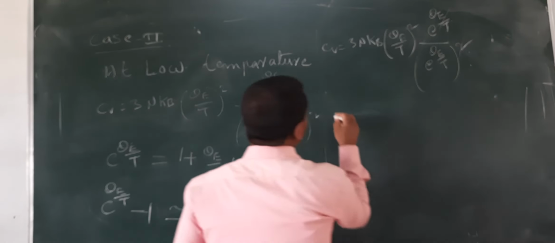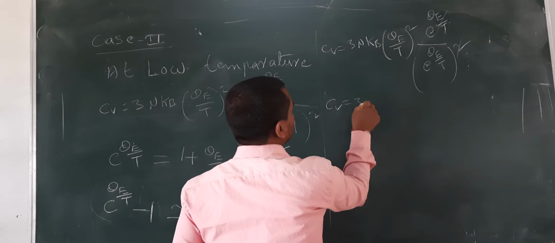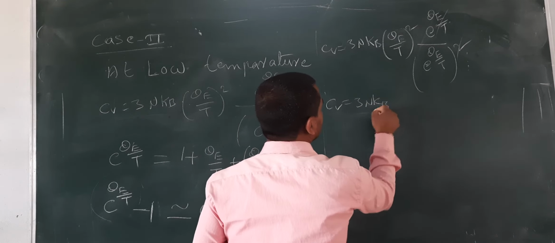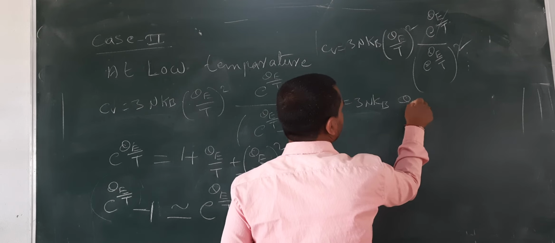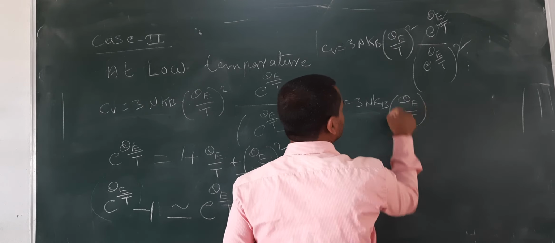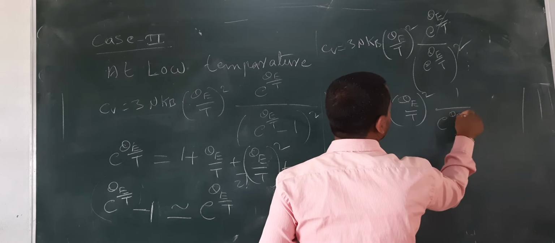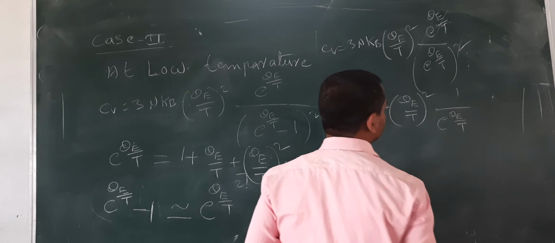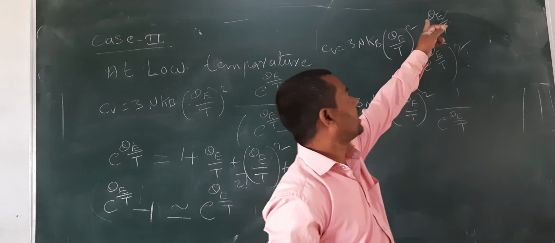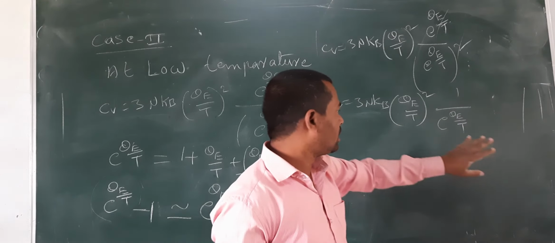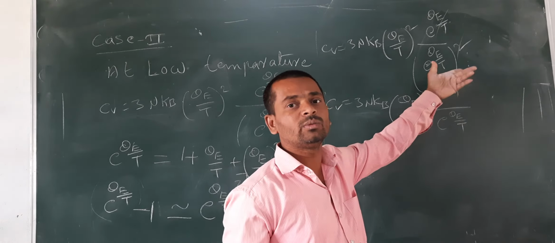Next, Cv 3n kB theta e by t whole square, 1 by e power theta e by t. Right? So upside and this one gets cancelled. Now it is in the denominator, bring it to the numerator.